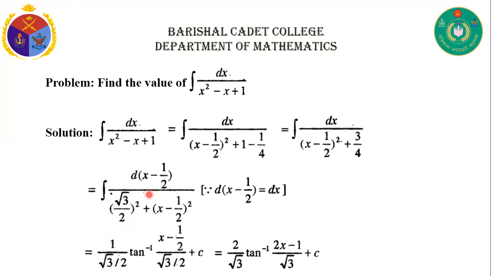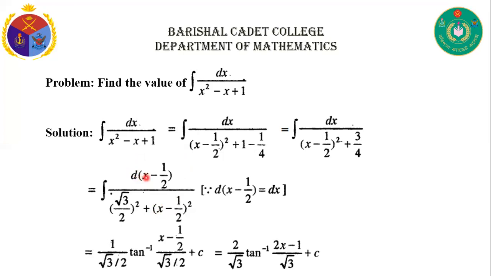How? We know that the differentiation of x - 1/2 is 1, so the differentiation of x is also 1. So that's the same. We write (x - 1/2) whole squared, and we change the integrating operator dx to d(x - 1/2).